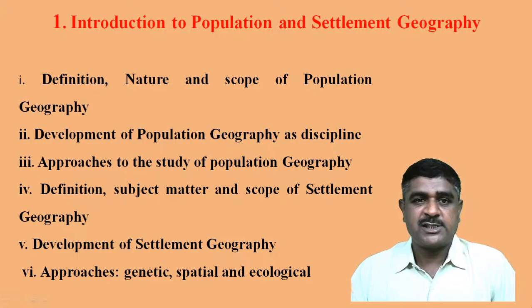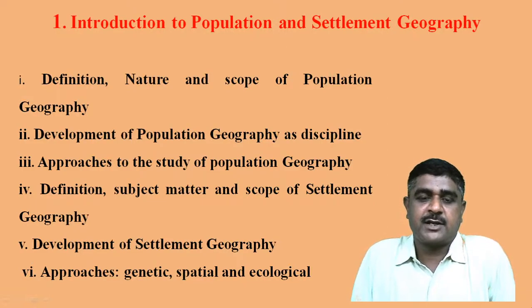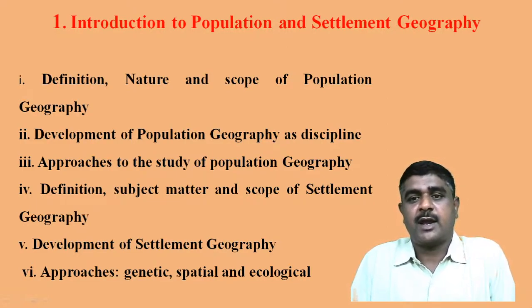Then the principle of population and settlement geography has 8 topics. Among these 8 topics, the first topic is introduction to population and settlement geography. In this chapter, the first subtopic is definition, nature and scope of population geography.